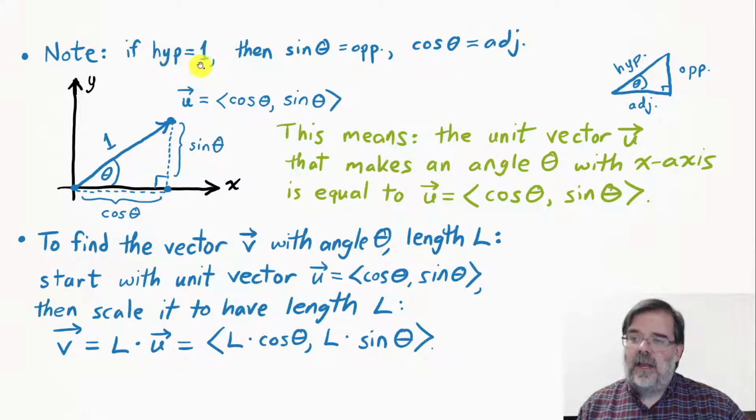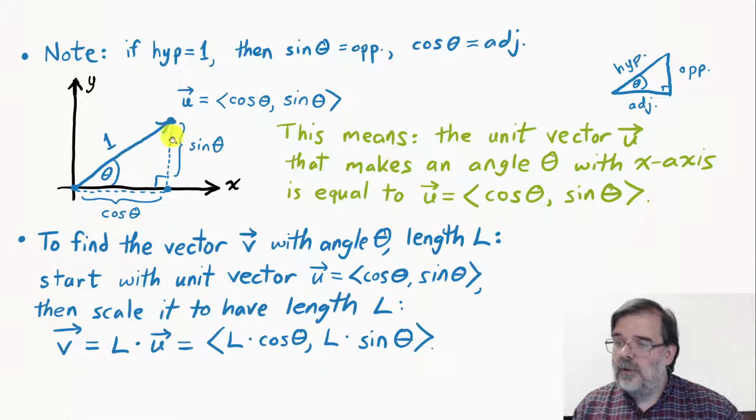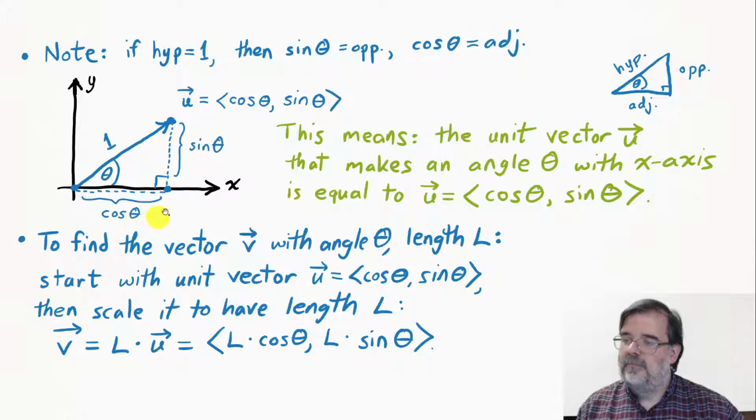So if the length of the hypotenuse is 1, then sine theta is the length of the opposite side, and cosine theta is the length of the adjacent side. In other words, we have this picture right here. If we have a right triangle, and the hypotenuse has length 1, and this angle is theta, then the length of the adjacent side is cosine theta, and the length of the opposite side is sine theta.